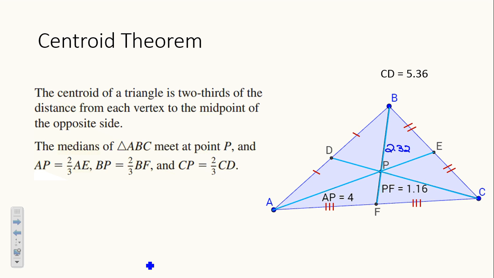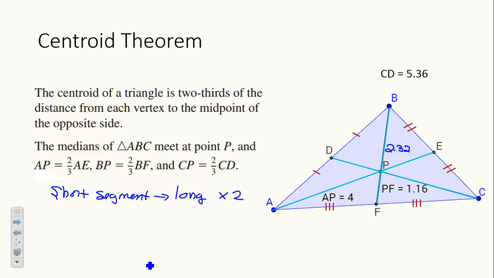So if you have a short segment and you're going to a long one, take it times 2. Make sense? Twice as long. The long segment's twice as long as the short one. So take short times 2, you get the long segment. Every time.